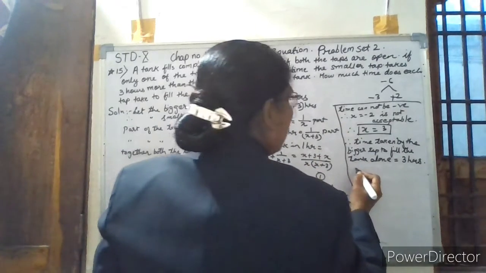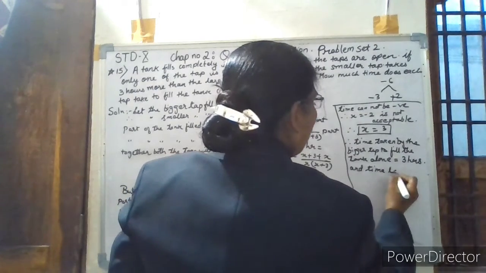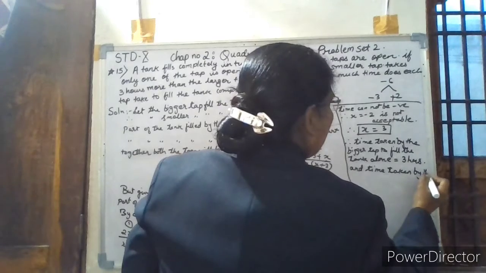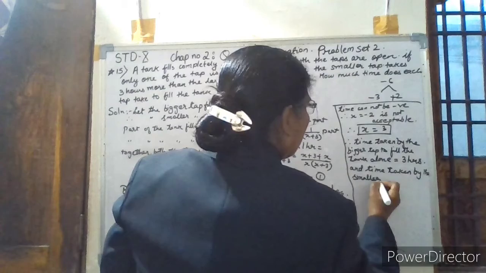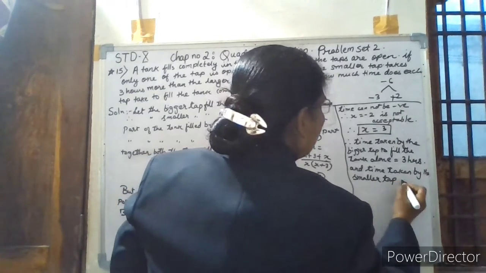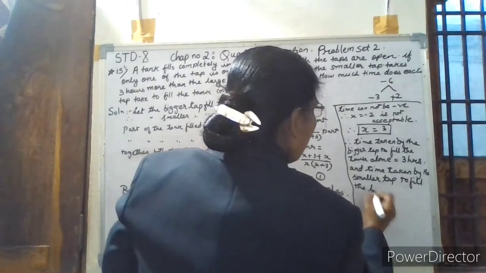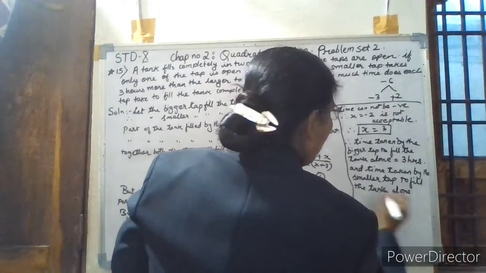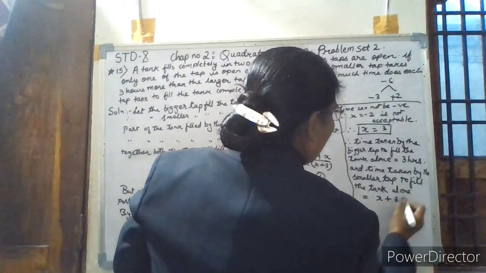And the time taken by the smaller tap to fill the tank alone is equal to x plus 3 hours.